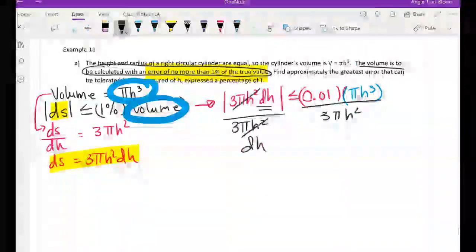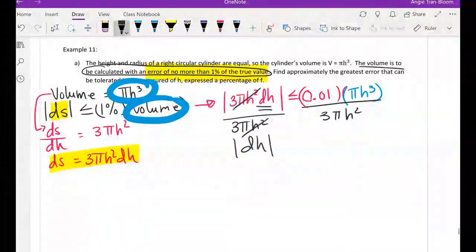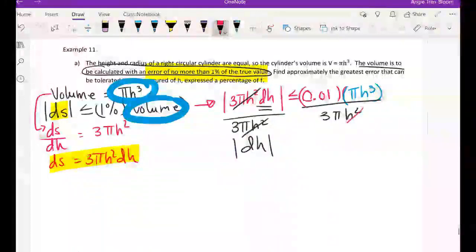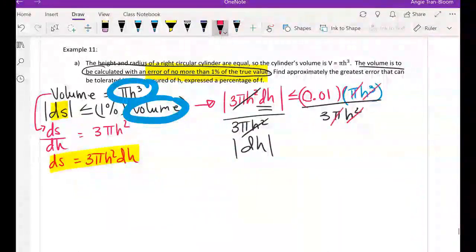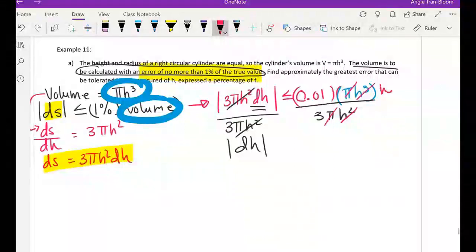So dh, it's going to be an absolute value just because the change, again, can be in positive or negative direction. Let's see what happens. The h squared is going to cancel with the h squared. The pi is going to cancel with the pi. Oh, I'm sorry, there's one h left. So now I have dh is no more than 0.01 h divided by 3.